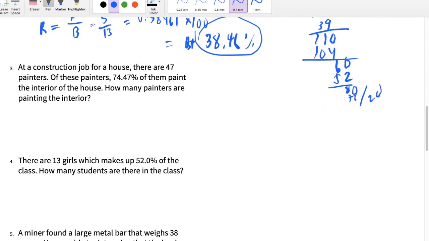Okay, number 3. At a construction job for a house, there are 47 painters. May correction dito guys ha, 74.47. Sa na-post ata 6. Of these painters, 74.47% of them paint the interior of the house. How many painters are painting the interior of the house? Ang hinahanap natin dito is percentage. So, P is equal to base times rate, or 47 times 0.7447.